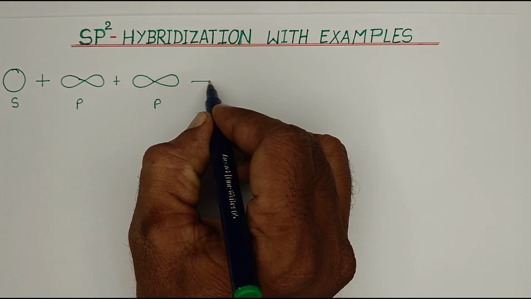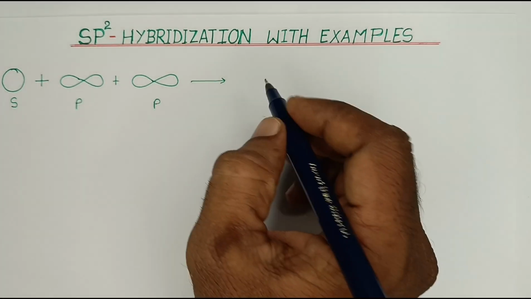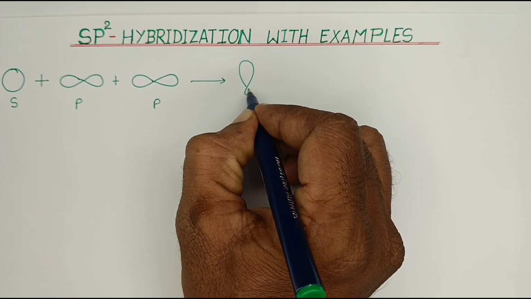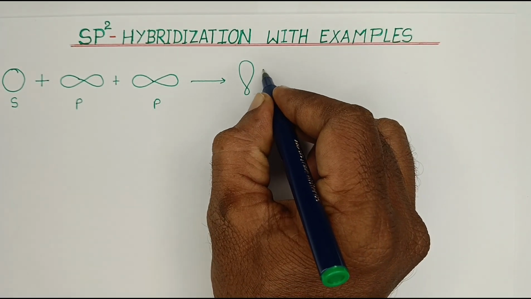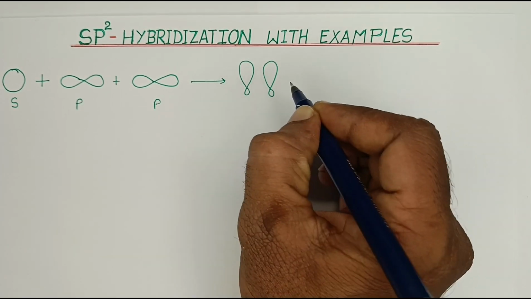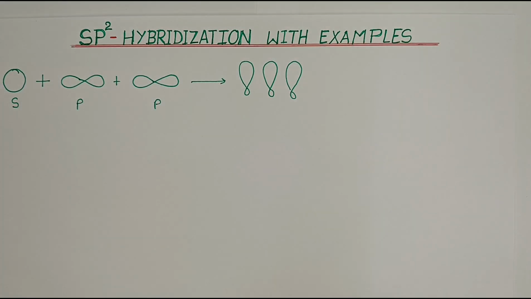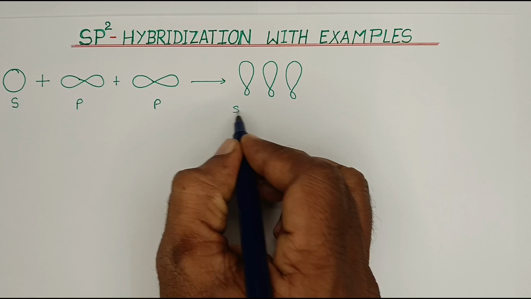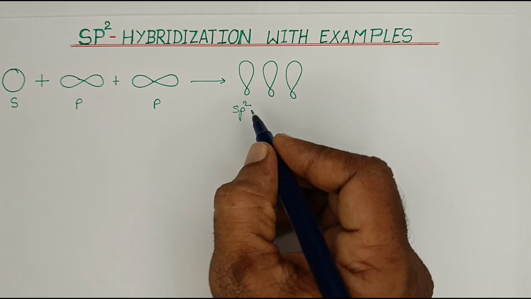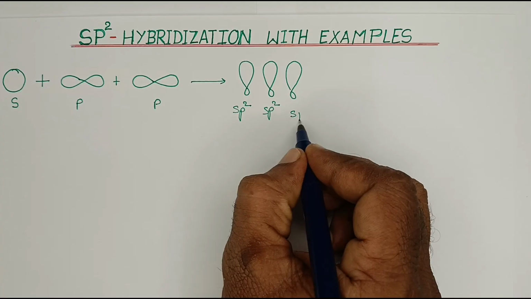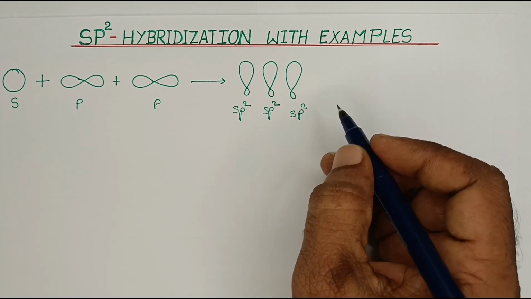they produce three hybrid orbitals which are like this: one, and this is the second one, two, and this is the third one, three. So this is SP2, this is also SP2, this is also SP2.